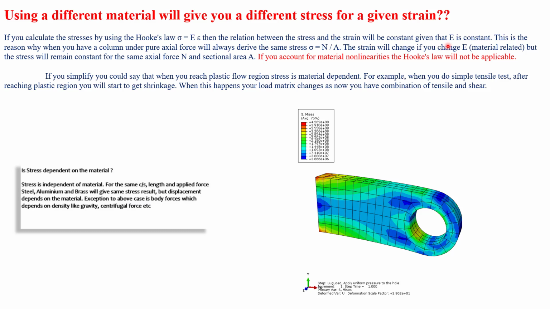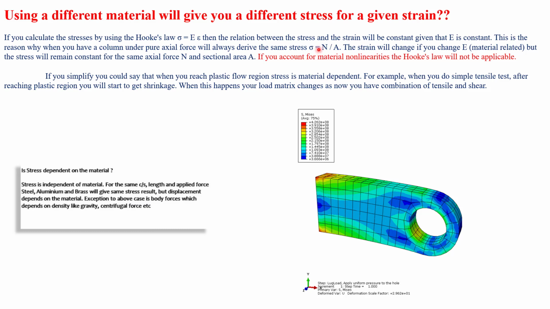This is the reason why, when you have a column under axial force, you will always derive the same stress, which is equal to force per unit area. So if we have a pure axial force on a particular column, we get the same stress, we can say constant stress.